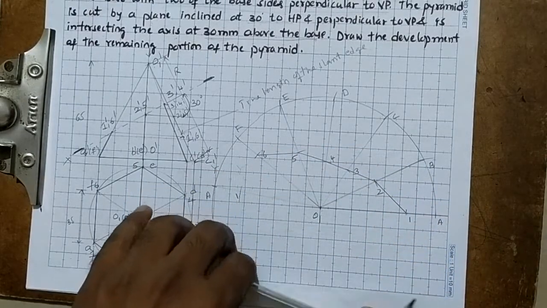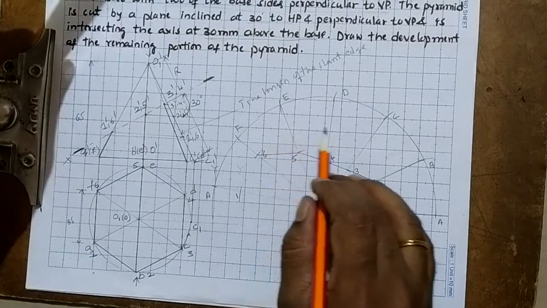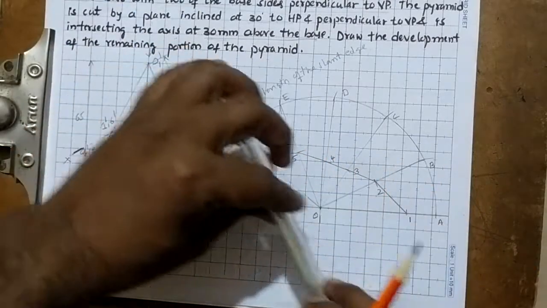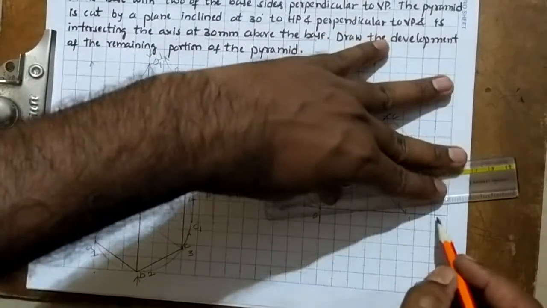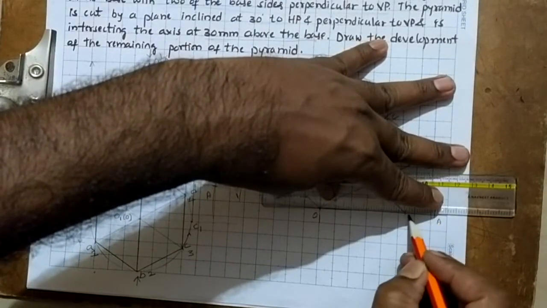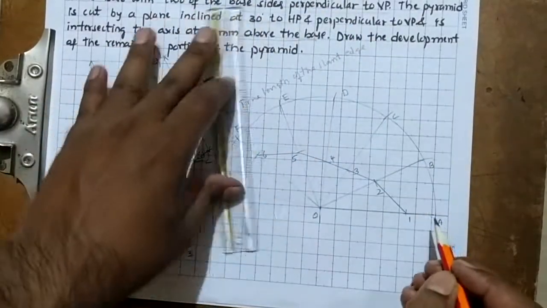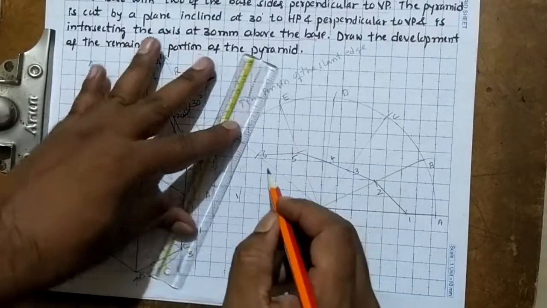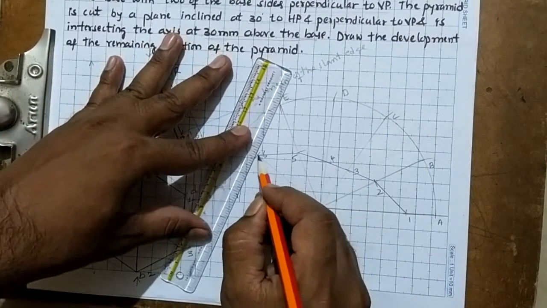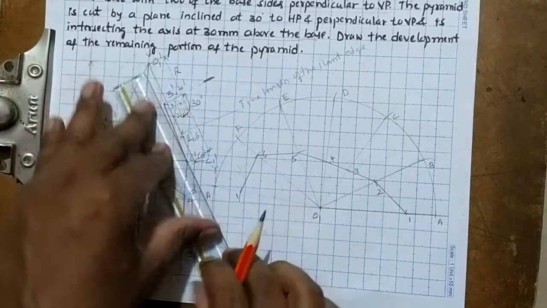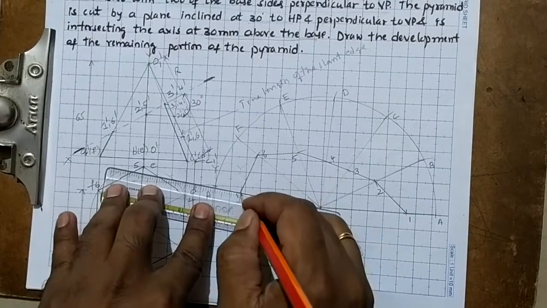Okay, then after, see, this is the retained portion. Join the base edges and also A1 to A1, you make it dark, and this also you make dark.